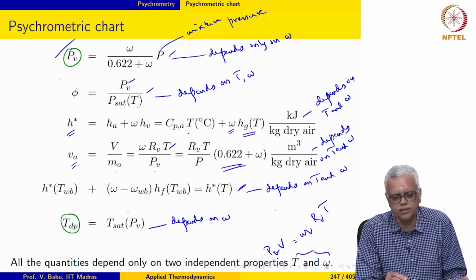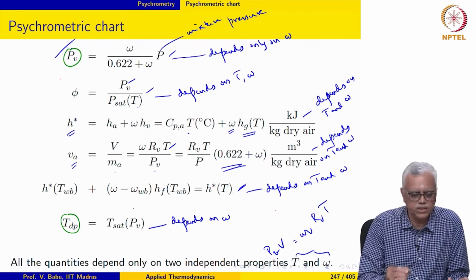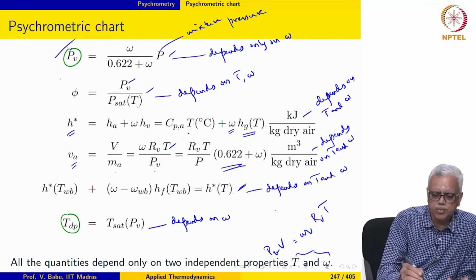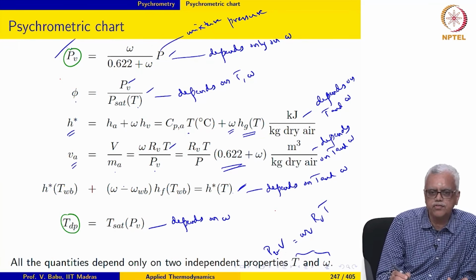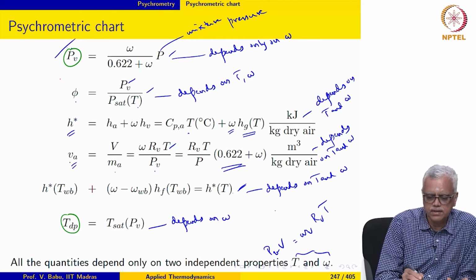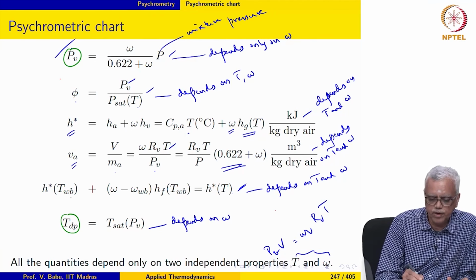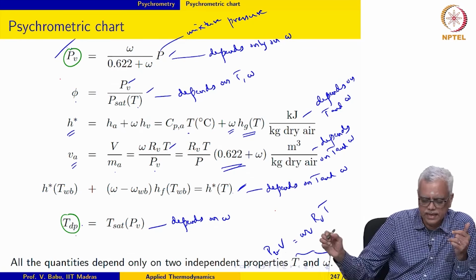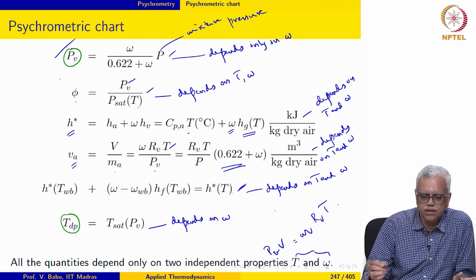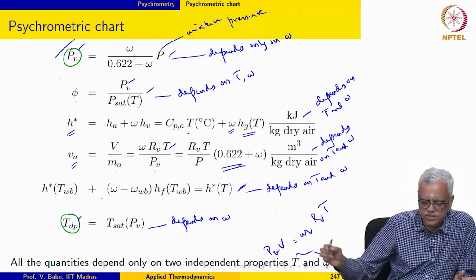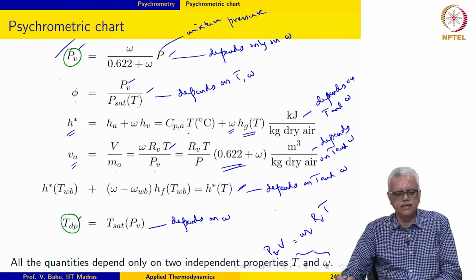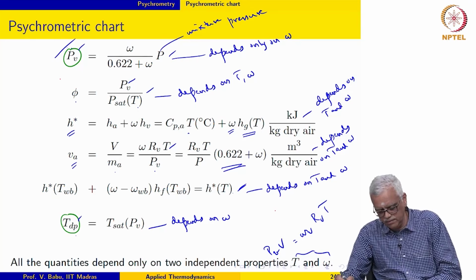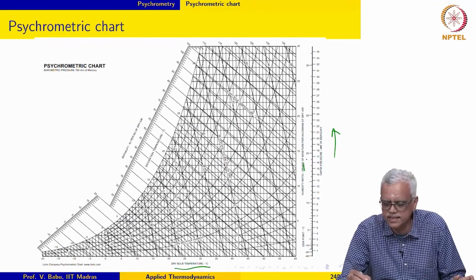So, basically the chart plots lines of constant PV, lines of constant phi, lines of constant H star, lines of constant VA, lines of constant wet bulb temperature and dew point temperature. Now, if you look at this and this, because these depend only on omega, that means if the axis is vertical, this can be shown very nicely in the axis itself.